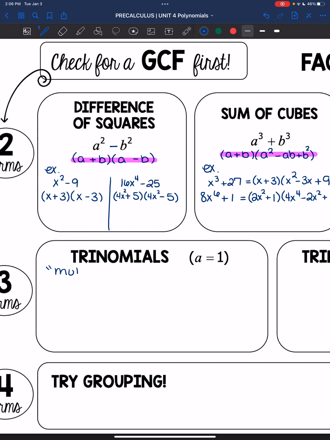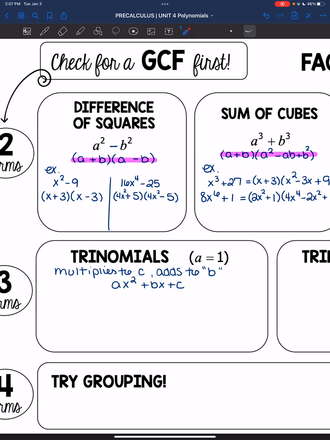How I like to summarize this is that when factoring, we're going to look to see what multiplies to c and adds to b, because what we're looking at here is a trinomial of this form: ax squared plus bx plus c.